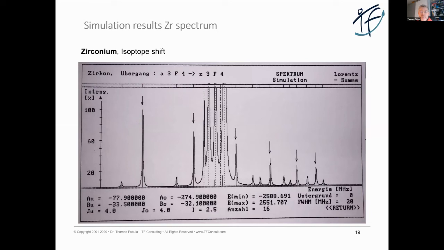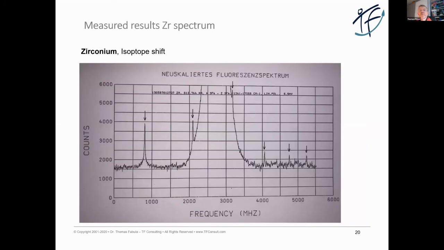This was at that time Turbo Pascal. It was fully implemented on a PC. It was fast enough, and you could play with these factors. I don't want to go into details, but to see what the bandwidth is and where to look for the signals. And we switched between this simulation program and the measurement to see, aha, here are some peaks and where to look for them, and to have a good comparison.